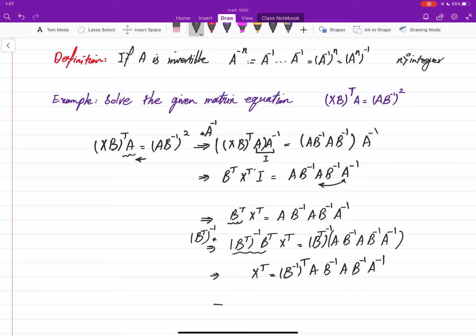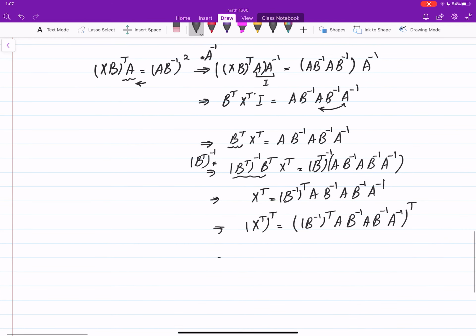And to find X itself, we have to find the transpose of both sides, and that will give us everything we want. Here, the transpose of transpose is itself. X is isolated, and the right-hand side is our solution, our answer here. So with transpose, you have the same things, but the order changes.